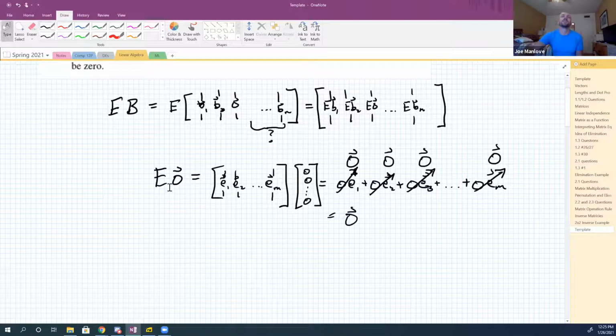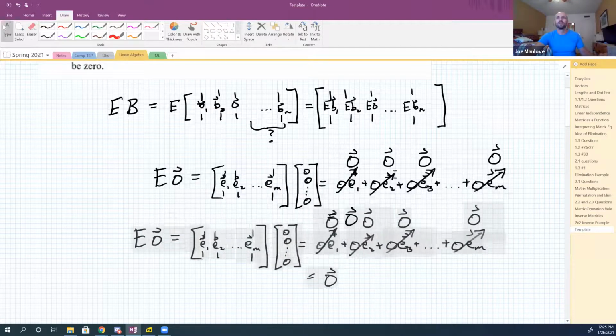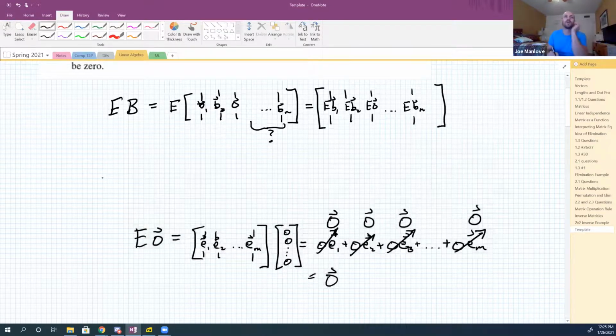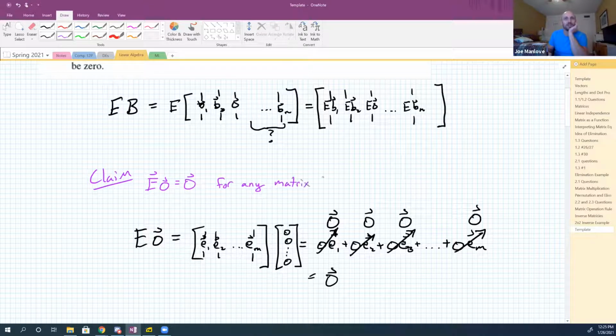Let me just scoot all this down a little bit. So I'm making a little claim here, and the little claim is E times the 0 vector is the 0 vector for any matrix E. You guys see that?